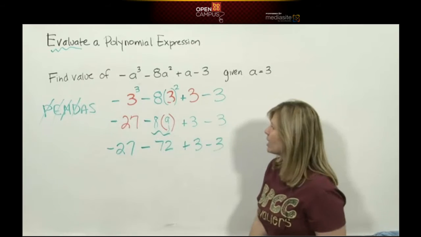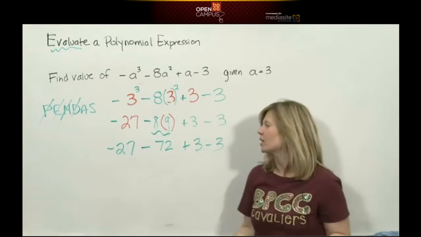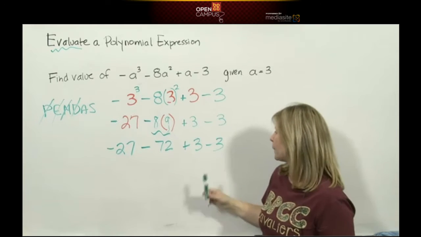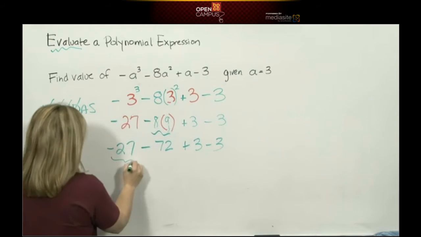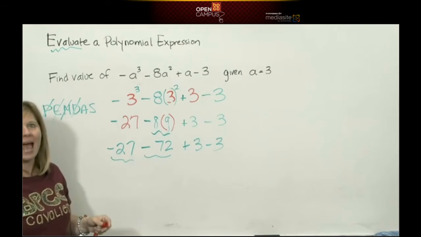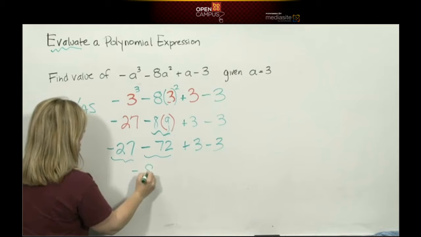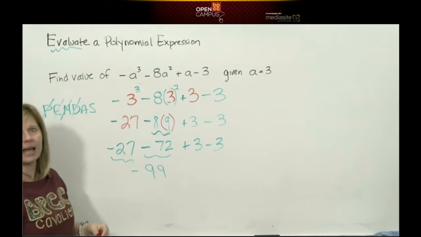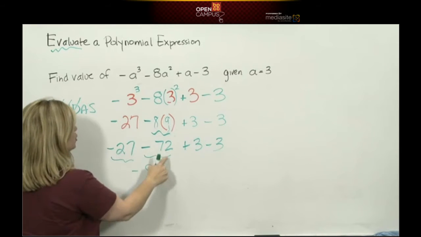The last operations are addition and subtraction. And we do them in the order we see them. We go from left to right. So this is negative 27 and negative 72. If they're both negative, we add. And that would add to be negative 99. 20 and 70 is 90. 7 and 2 is 9.